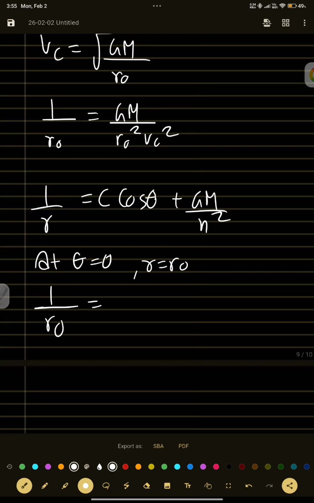Then coming here, at theta equal to 0, what will it be? C plus GM by R naught square V naught square. Now this is not circular, it is not Vc, this is V naught. And what is V naught? It is less than Vc. So looking at this expression, will this term be bigger or smaller than 1 by R naught?